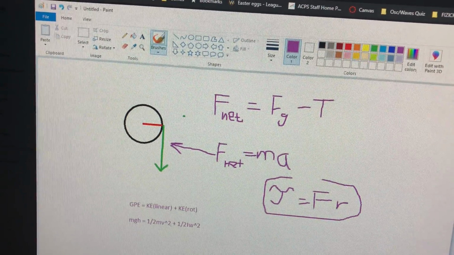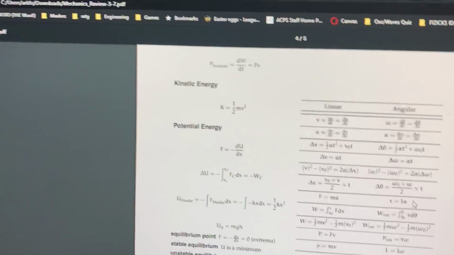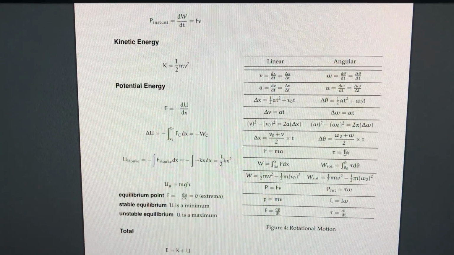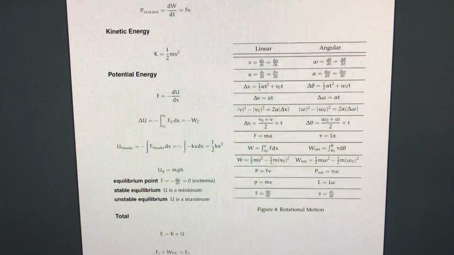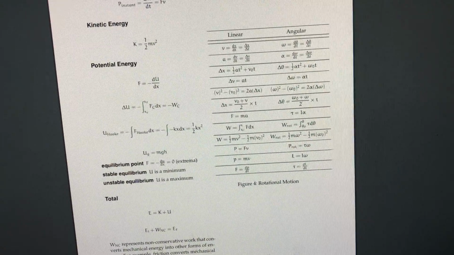Okay, that's one. Again, going back to these, there's our equation that we want to use. Torque equals moment of inertia times angular acceleration. Great, we're getting there. Now we just need angular acceleration. But wait, this is awesome.